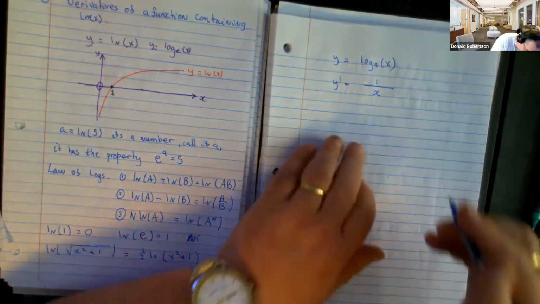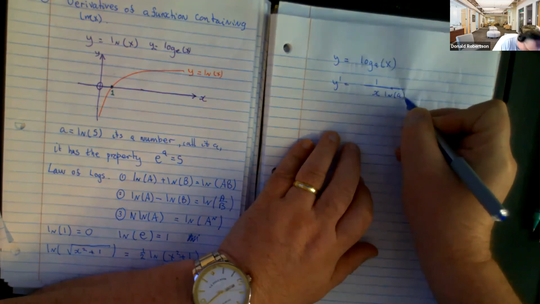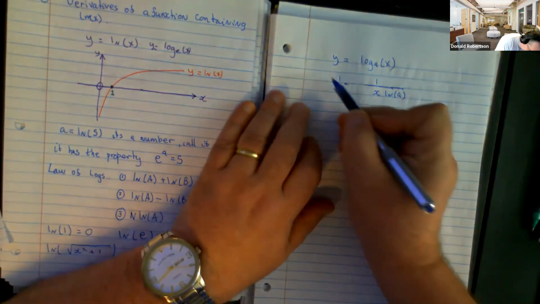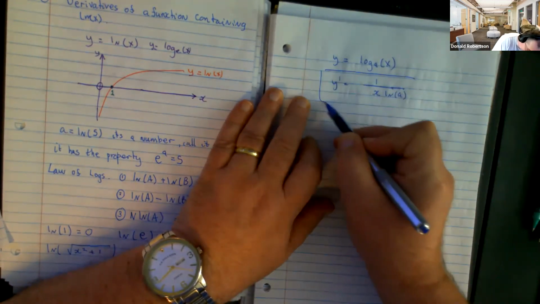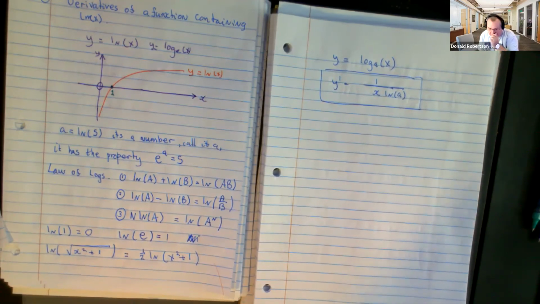And then they tag on the natural log of a. So it's not 1 over x, but 1 over x times the natural log of a. I just stuck the natural log of a at the end, because if you stick it at the front, it looks like ax and not the natural log of ax.